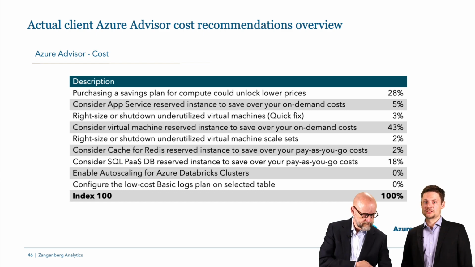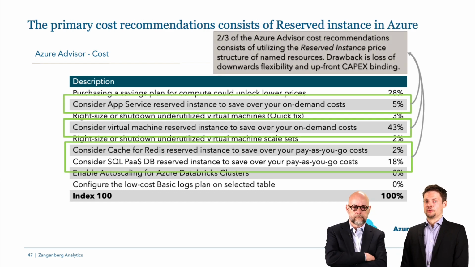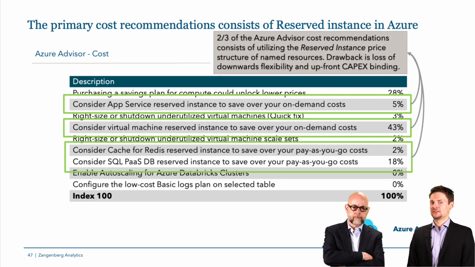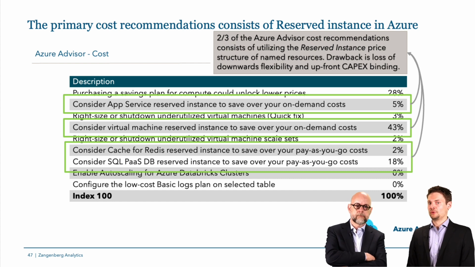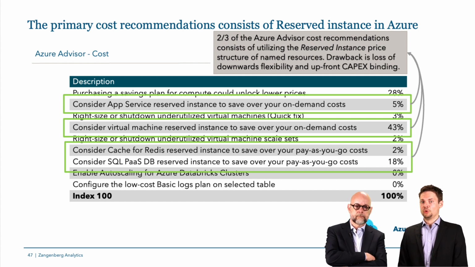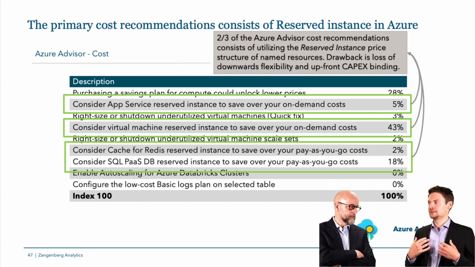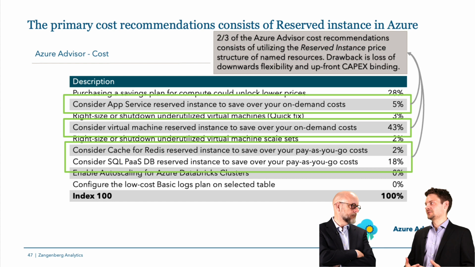If we go to the next slide, we can see that 2/3 of Microsoft Advisor falls in the category of reserving instances, that is a CapEx upfront binding. So we see that Advisor recommends a lot of CapEx to bring your savings down.